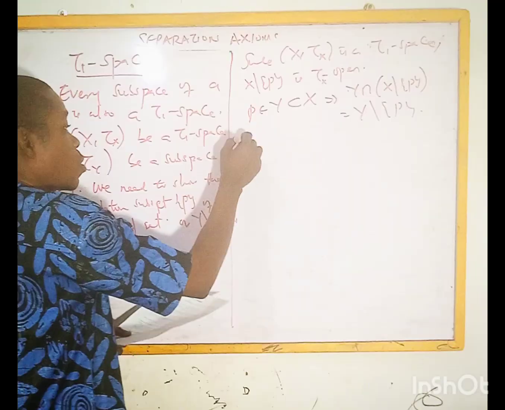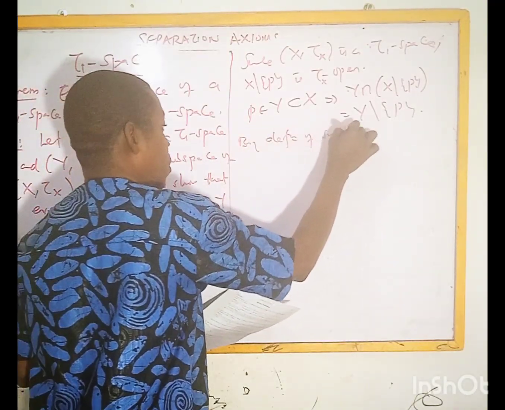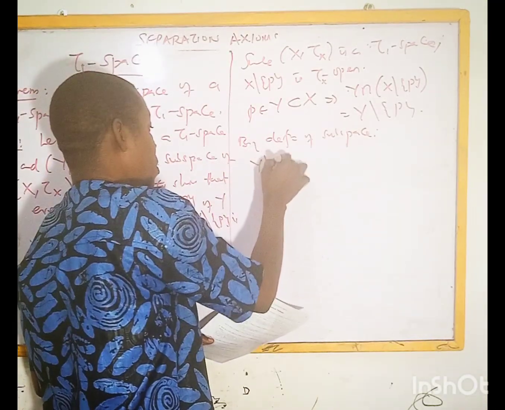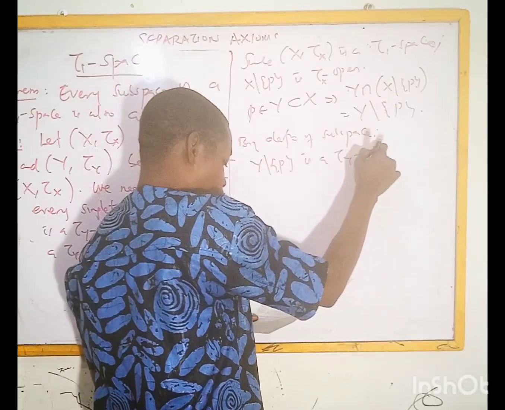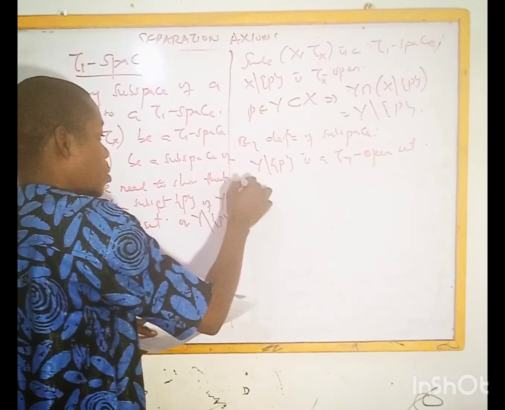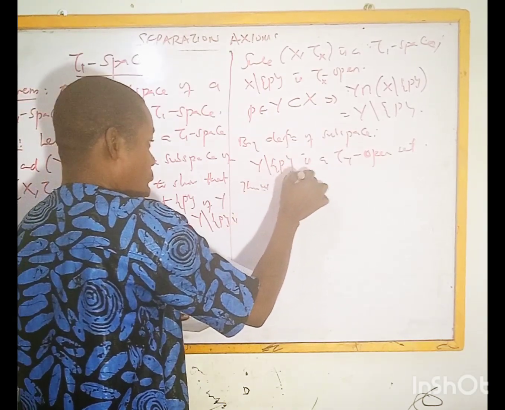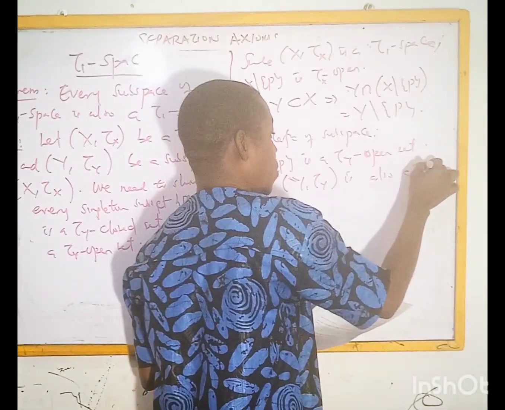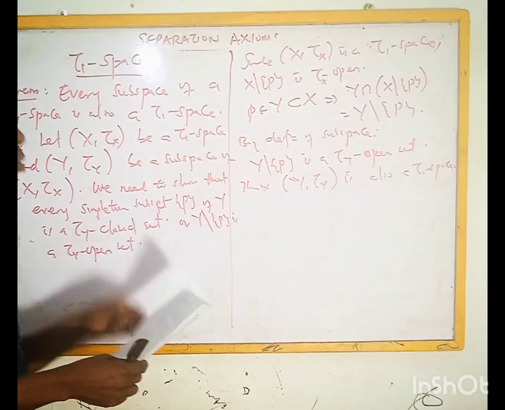So by definition of subspace, Y minus {p} is a tau_Y open set. Thus, you can say that (Y, tau_Y) is also a T1 space. So that is how you can actually prove the theorem.